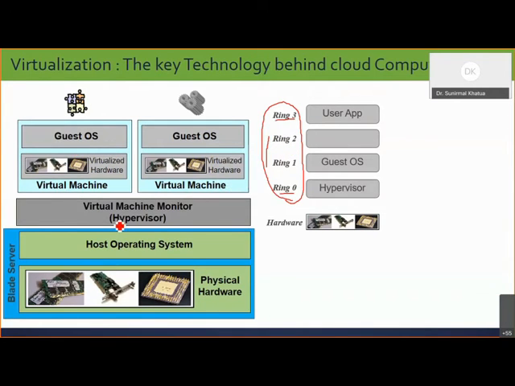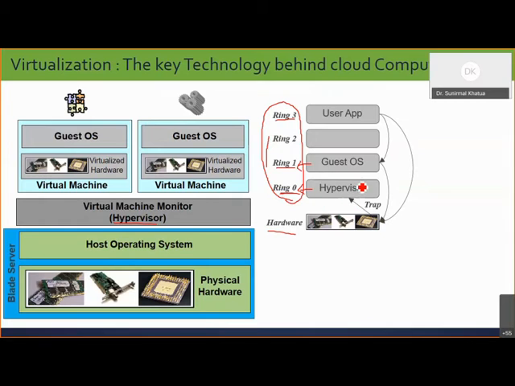Now, what does the solution provide? The solution says that whenever you install the hypervisor software, it runs under ring 0, the highest privilege level. And whenever you install some guest on the virtual machine, they are running under ring 1. So whenever the application gives a system call, the guest OS tries to execute it on the hardware. What does the hardware do? The hardware looks and sees that ring 0 instructions are coming from ring 1, a lower privilege level. So the hardware will not execute it, rather it will give a trap to ring 0.